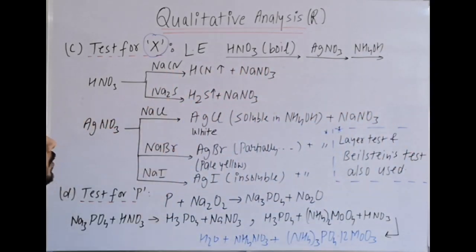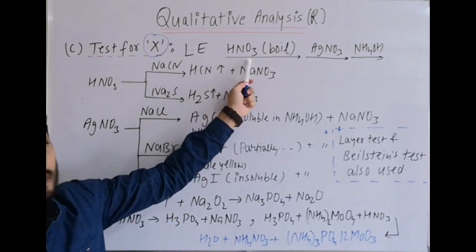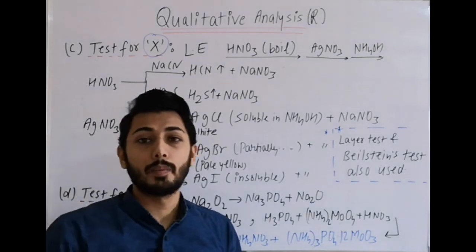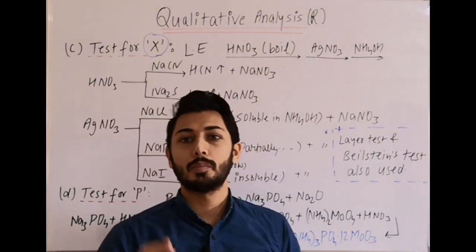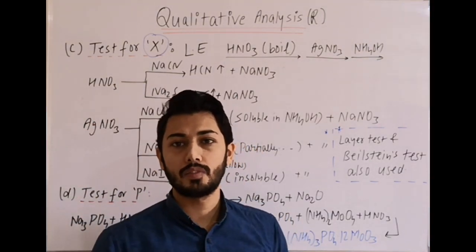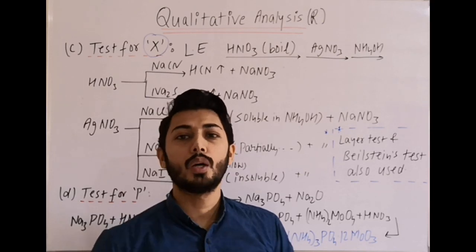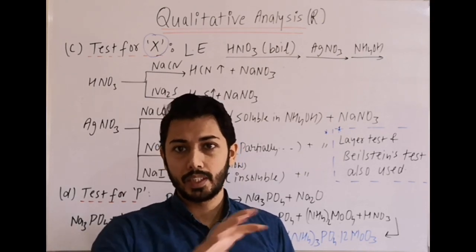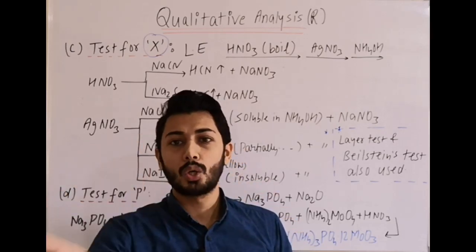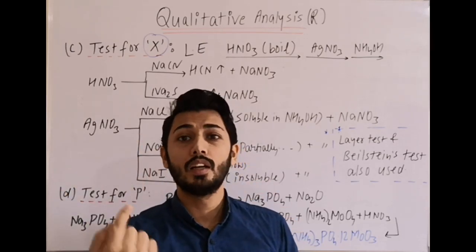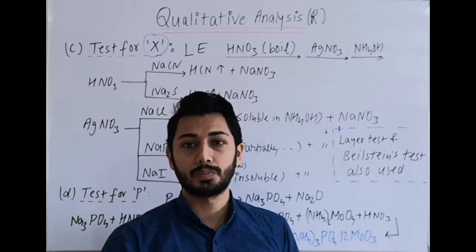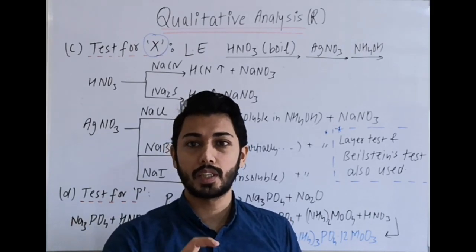Now, what is the use of acidifying it with HNO3? If you remember, in our Lassaigne extract there are ions possible like CN minus, sulfide ion or halide ion. Right now we are testing for halide ions. If nitrogen and sulfur are present, they go into their corresponding ions, cyanide and sulfide, and these ions will interfere with the test.